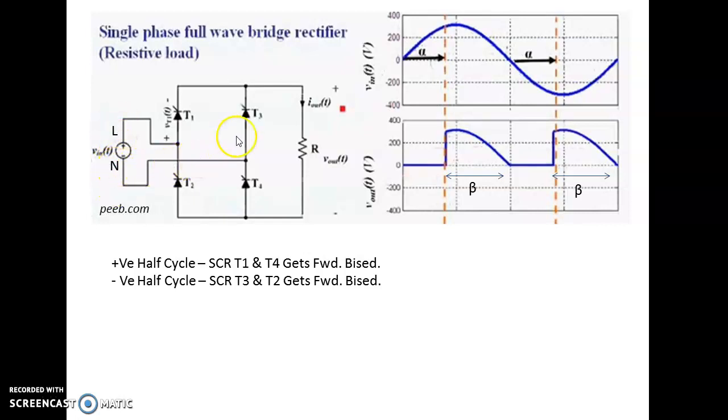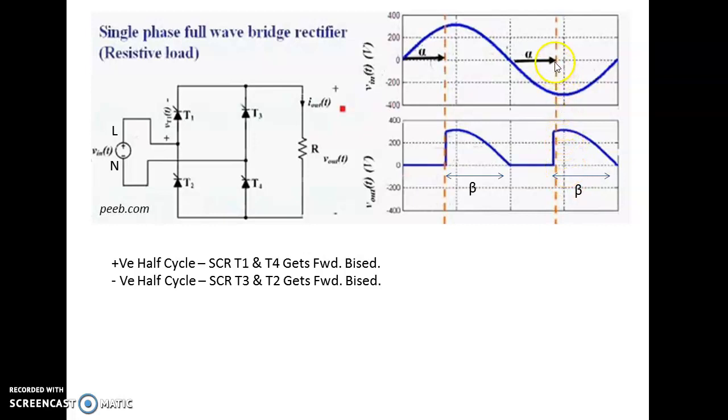Due to this, SCR T3 and T2 are now forward biased. Current now follows this path from N to T3 to R to T2 and ends at point L. Again, due to the resistive load, voltage and current waveforms are positive and in phase.